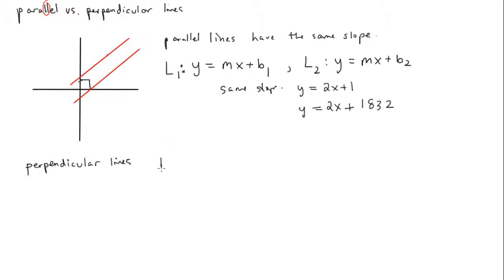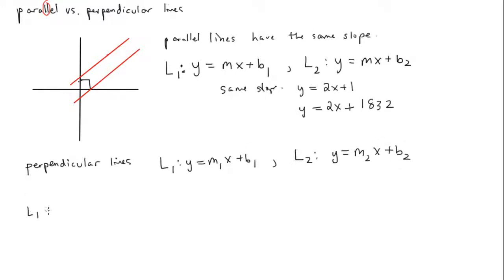So let's just take two lines, y equals m1x plus b1, and line 2 we'll call the line y equals m2x plus b2. Okay, so we've got two different lines. They conceivably have different slopes, m1 and m2, but they might be the same by dumb luck. And they conceivably have different y-intercepts, b1 and b2.